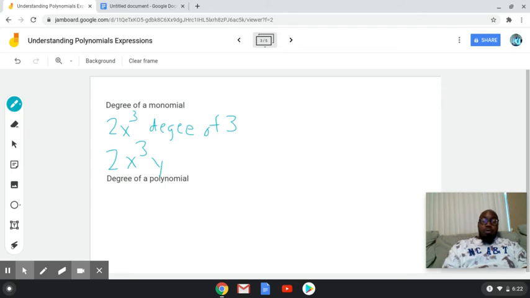We don't normally write it, but this is a degree of 1. So remember, the degree of a monomial is the sum of the exponents for all of the variables. So 3 plus 1 is 4. So this should be a degree of 4.